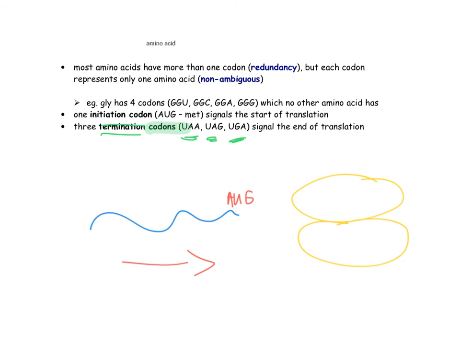Unlike our initiation codon, our termination codons do not translate into an amino acid. tRNA is not going to bring in an additional amino acid. It's just going to stop the whole process. That termination codon signals to the ribosome, okay, it's time to stop translating and unclamp our mRNA so that its components can be recycled, and to also release the polypeptide that's been building.